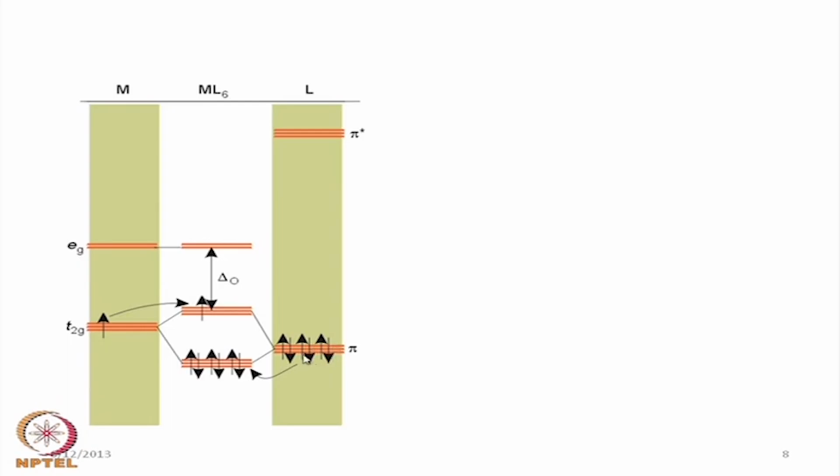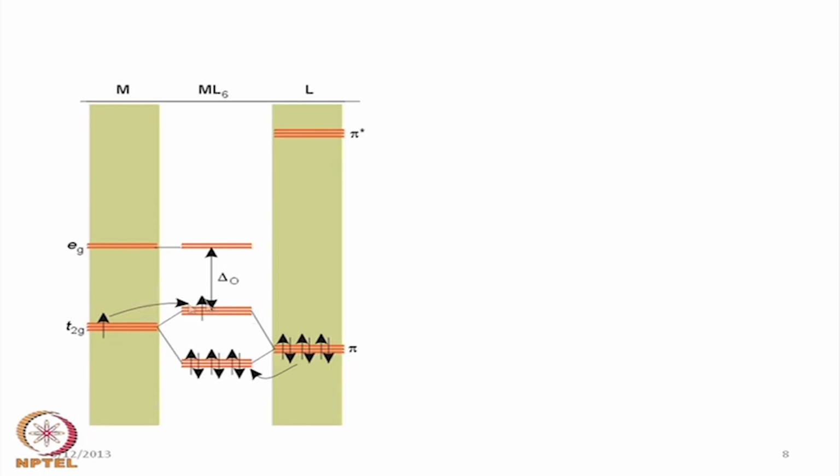If they are our ligands, then they serve as good pi donor ligands, and since they are good pi donors, they will interact with the T2g level of the metal ion orbitals and give rise to 2 levels, and the metal electron is pushed to the T2g antibonding level.